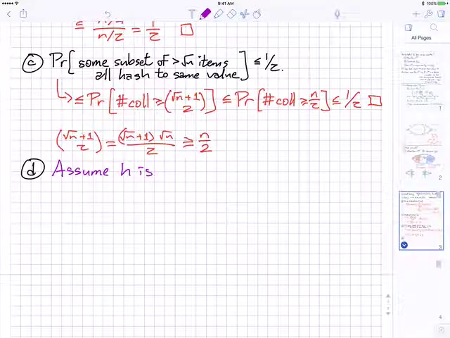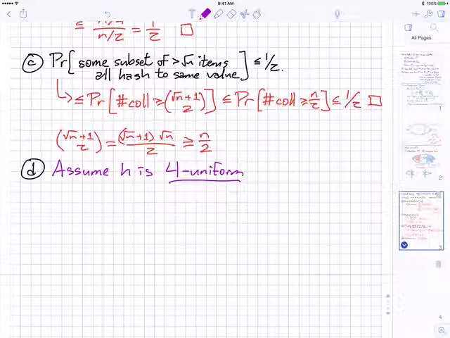Assume H is strongly 4-universal, which is the same as 4-uniform, meaning that given any 4 distinct items and any 4 not necessarily distinct hash addresses, the probability that W hashes to I and X hashes to J and Y hashes to K and Z hashes to L, all together, is at most 1 over m to the 4th, what you would expect from an ideal random hash function on those 4 values.